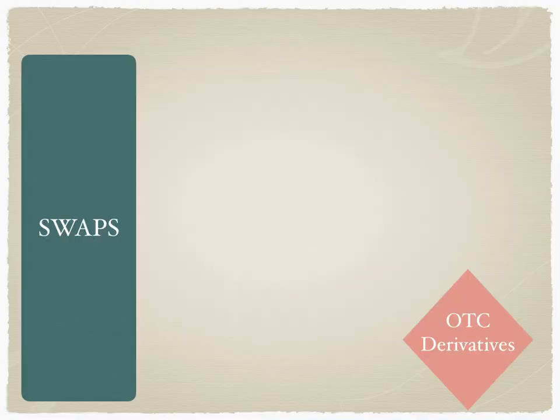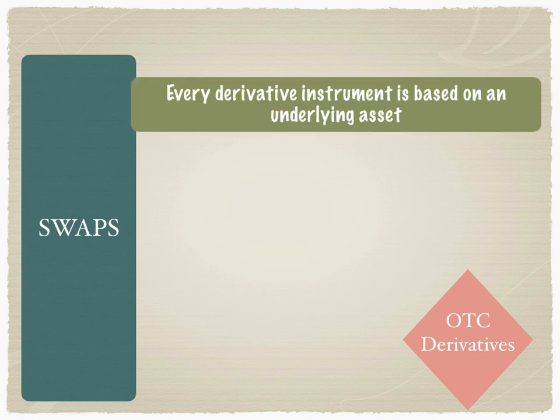Swaps are OTC derivatives. The term used to describe OTC derivatives is swaps and other structured products. Like every derivative instrument, it is based on an underlying asset. Futures, for example, are either equity futures, based on the underlying asset of an equity instrument, or index futures, based on an index as the underlying asset.